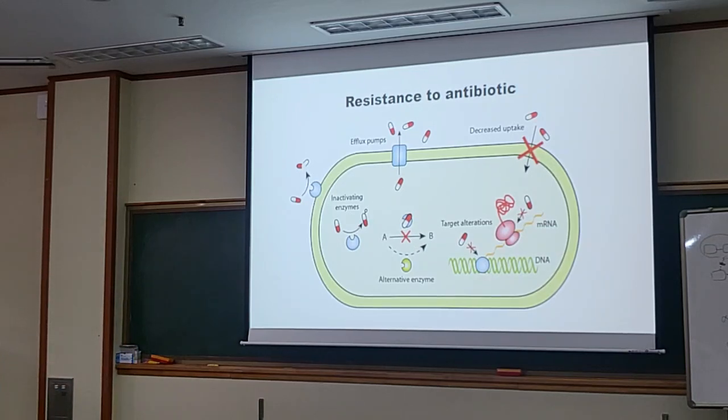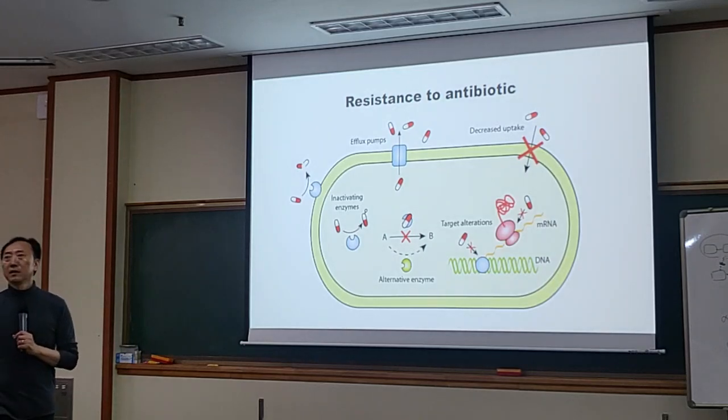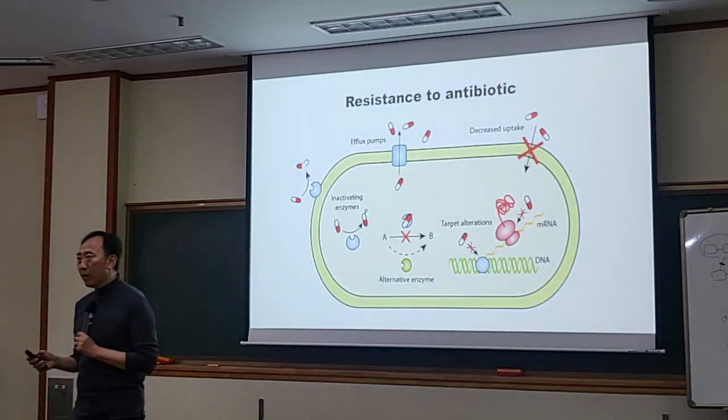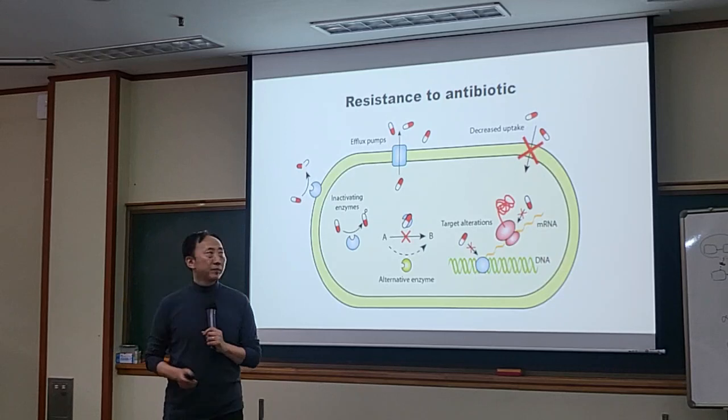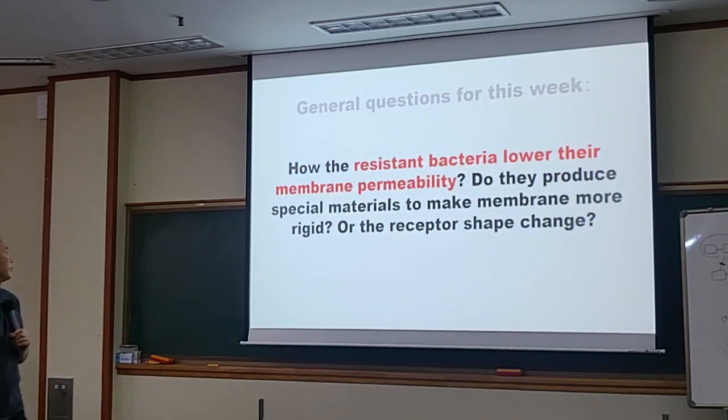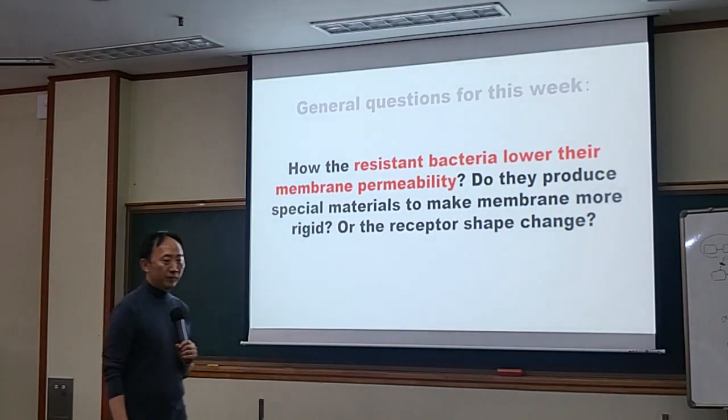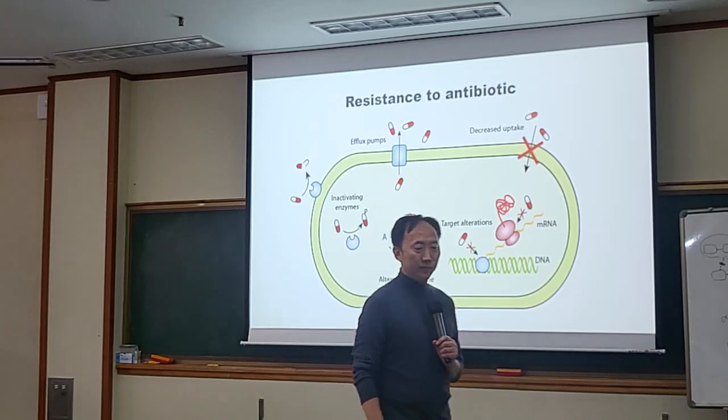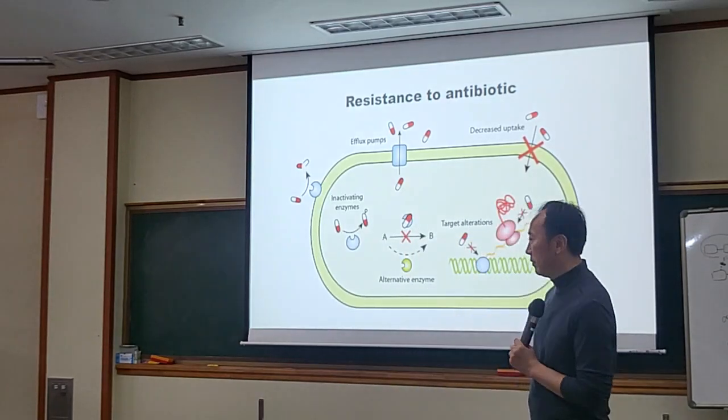Generating pumps out. Now, decreased uptake: how can you decrease the uptake of the molecule? Special material to make the membrane more rigid, or receptor shape changes. Any idea?